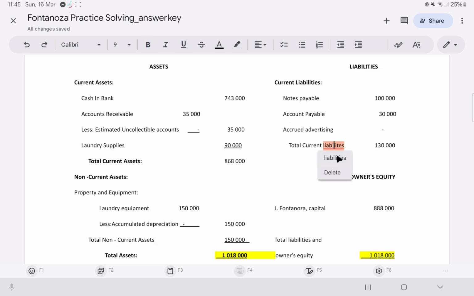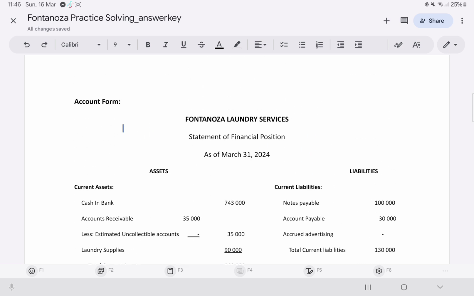So this is the account form of the Fontanoza Laundry Services Statement of Financial Position as of March 31, 2024.